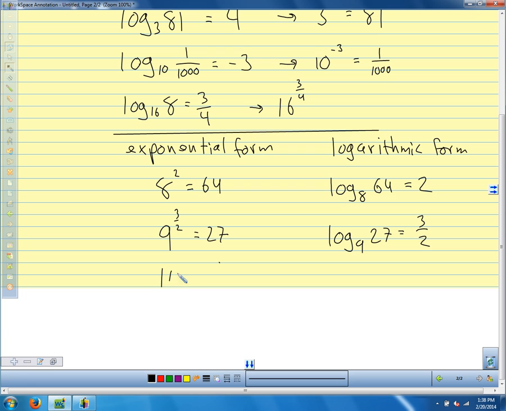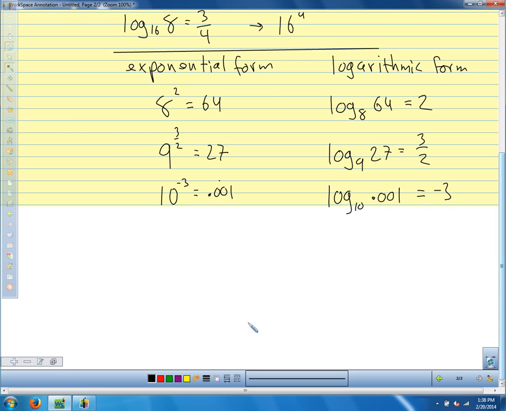How about 10 to the negative third equals 0.001? Log base 10 of 0.001, we're getting the hang of it, equals negative 3.